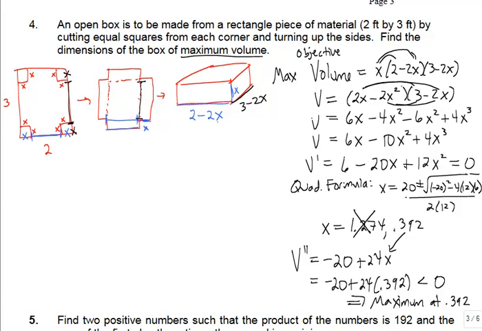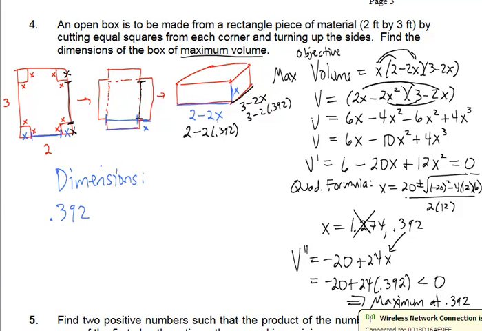Now all we have to do is finish finding our dimensions. So if x is 0.392, then we would want to substitute that 0.392 in for this x and also in for this x to get those two dimensions. And again, I'll leave that for you to plug into your calculator. But here's what we come up with. That height, which was the 0.392, that was our x.